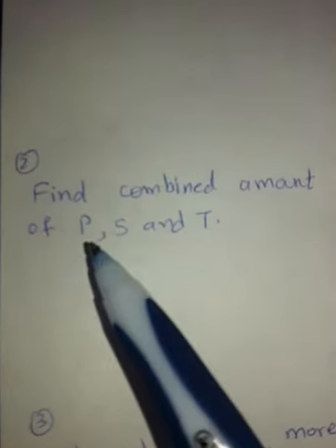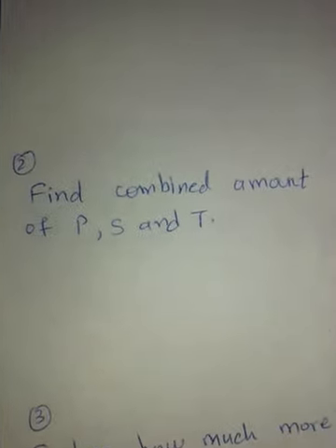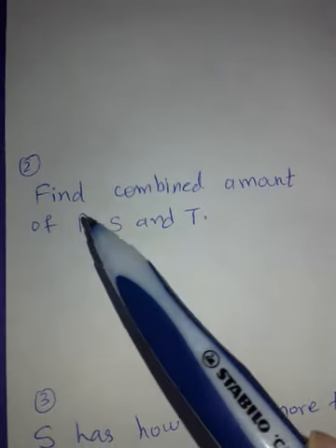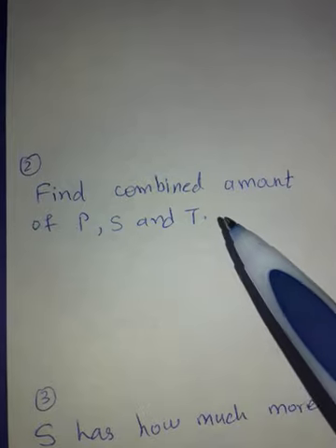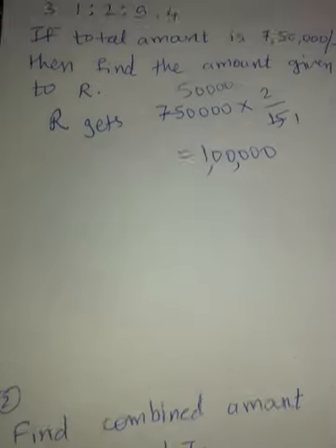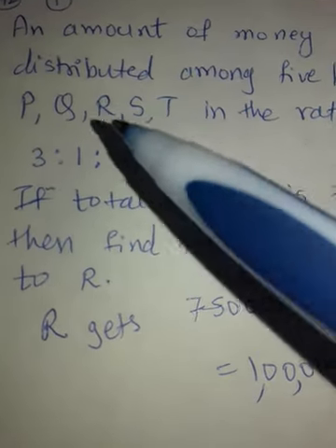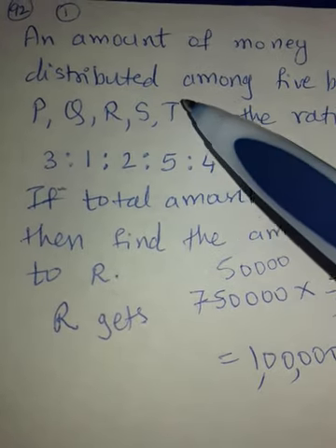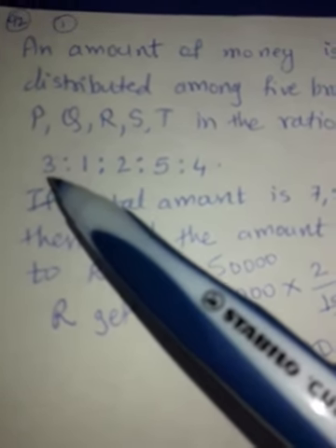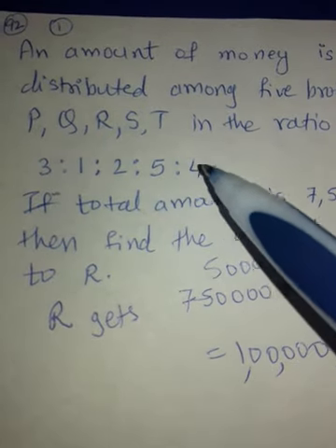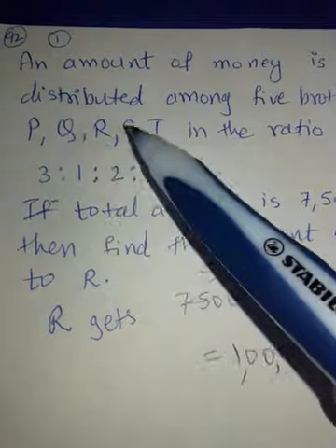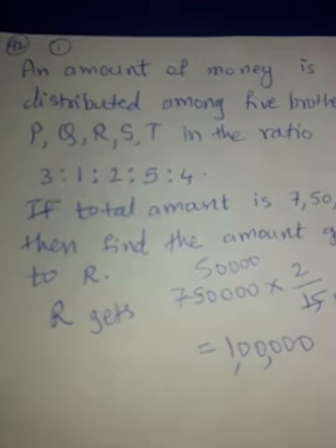Sometimes they might ask, find the combined amount of PST. So here what we can do? Either we can find individual of P, then S, then T and then add, or the shortcut will be this. We want PST. Now P is 3, S is 5 and T is 4. We can take their total. 3 plus 5, 8, 8 and 4, 12. So out of 15, combined they are going to have 12.